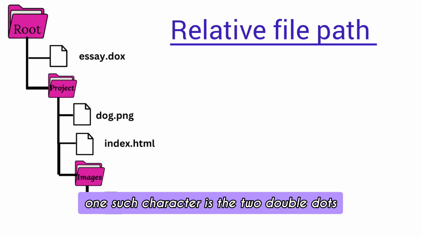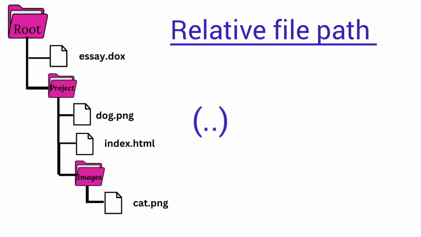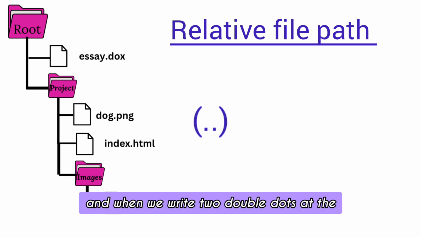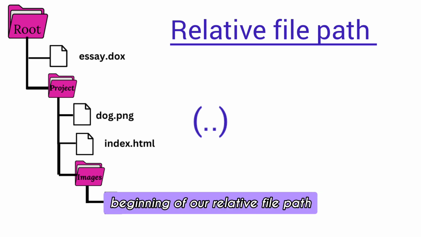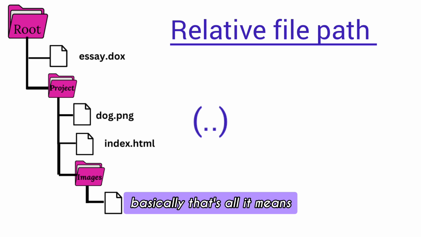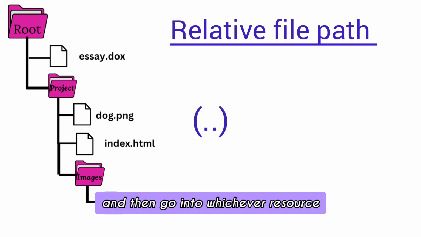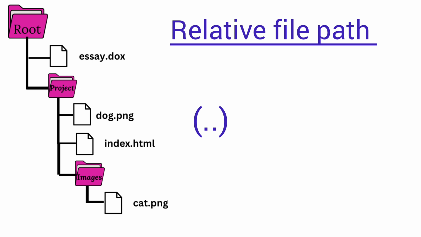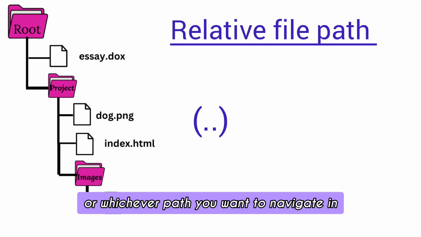One such character is the two dots, and when we write two dots at the beginning of our relative file path, what it means is to go up a level. Basically, that's all it means. It just means go up a level and then go into whichever resource or whichever path you want to navigate.